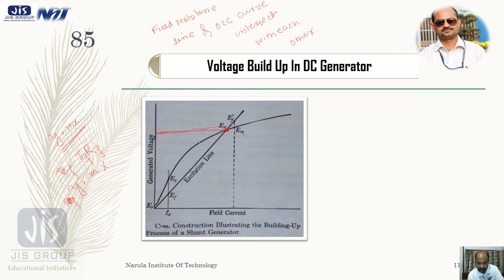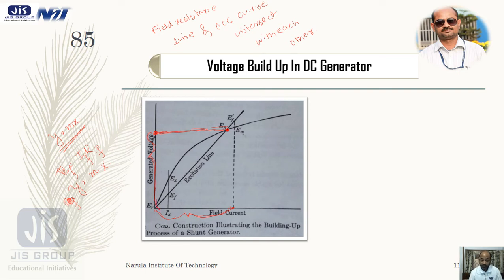So in this point, this is the generated EMF, and for generation of this amount of voltage, what is my current? This is my current. Now if this amount of current flows through the field winding, in turn it will produce only this amount of voltage.